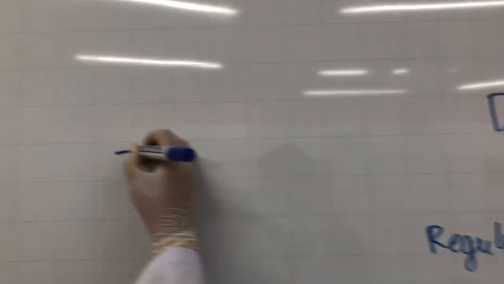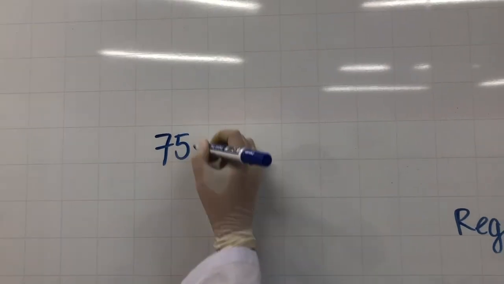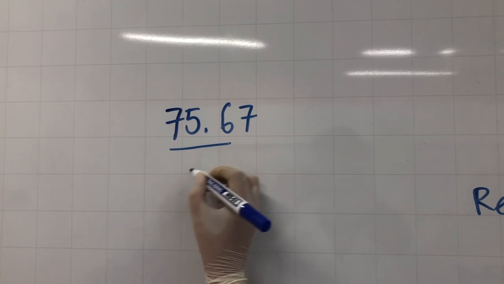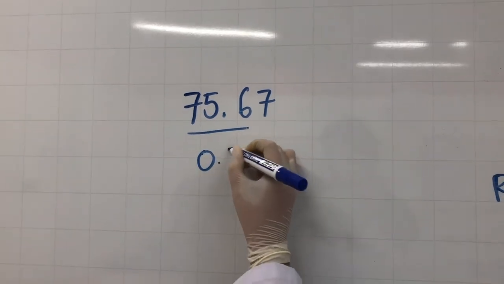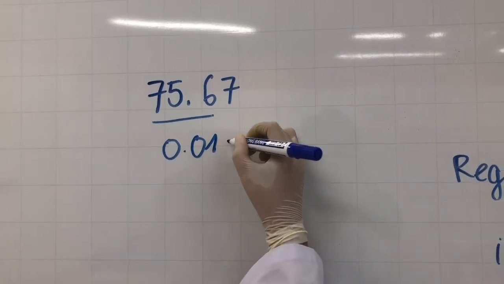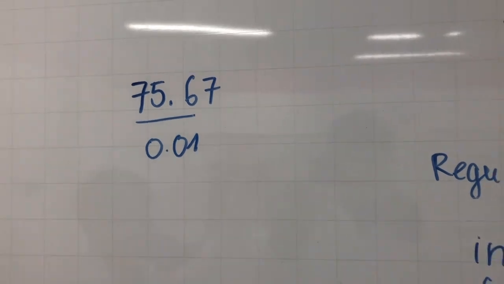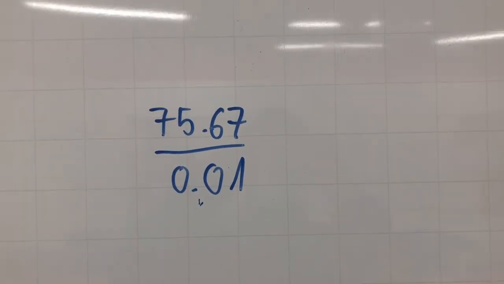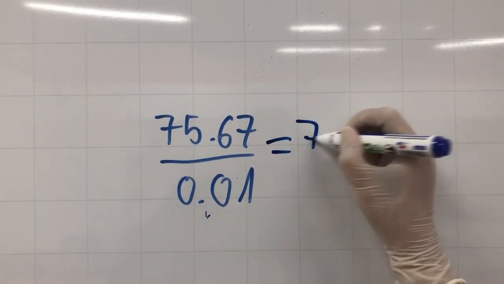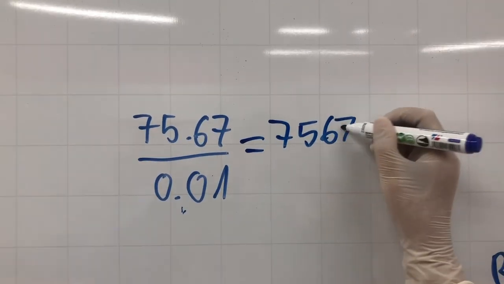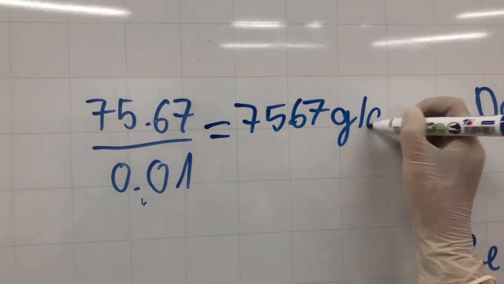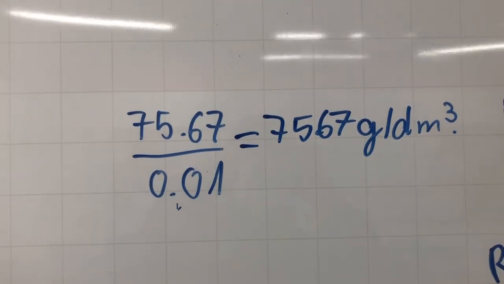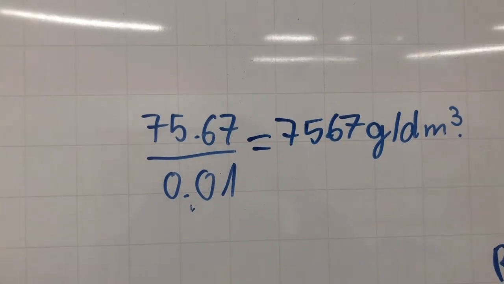So density equals mass, which is 75.67, over volume, which is 0.01. So our final answer is 7,567 gram per decimeter cube. So that's the density of our regular object.